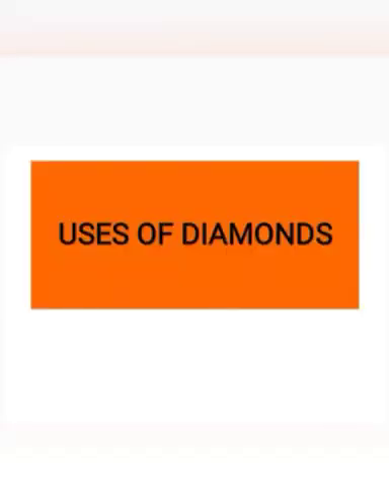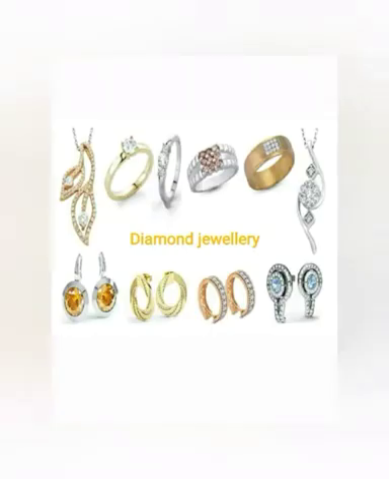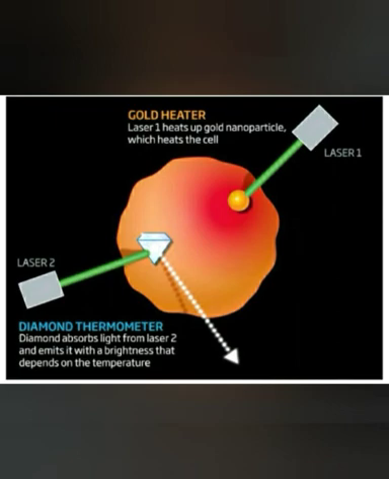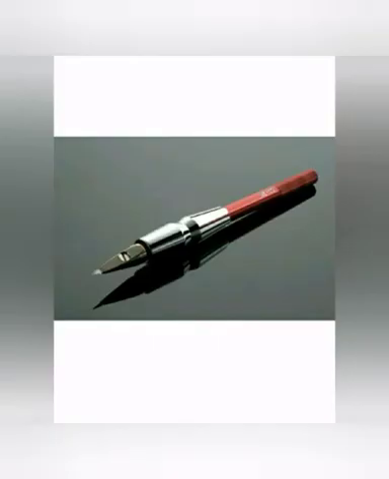Uses of diamonds. Diamonds are used as precious stones. Because of their intense brightness, they are used in jewelry. Secondly, they are used in high precision thermometers because of their extraordinary sensitivity to heat rays. Eye surgeons use sharp-edged diamonds to remove cataracts from the eye.